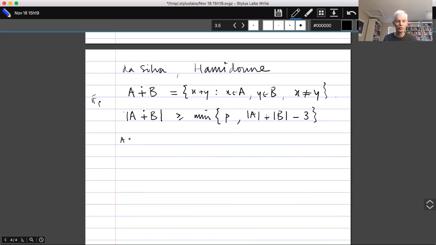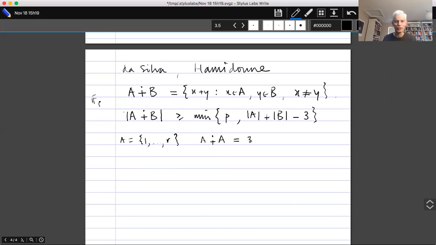Supposing A equals 1 up to r, and let's suppose r is reasonably small, quite a lot smaller than p, then for the restricted sumset we don't get 2 anymore, because the only way we can make 2, assuming r is less than p over 2 or something, is as 1 plus 1, and that's not allowed.